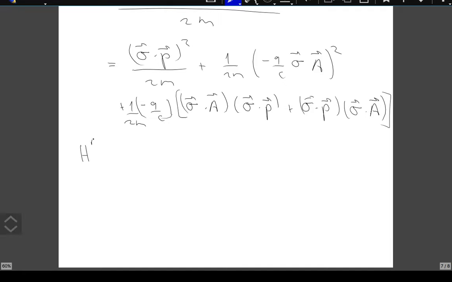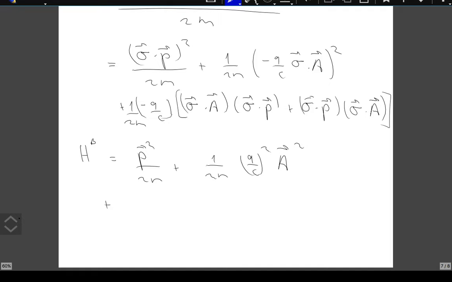So my Hamiltonian for a spin 1/2 particle within a magnetic field is p squared over 2m plus 1 over 2m (q over c) squared A squared, because sigma dot A squared is just A squared, plus, well, in the second expression we have to be a bit careful because A and p do not commute.